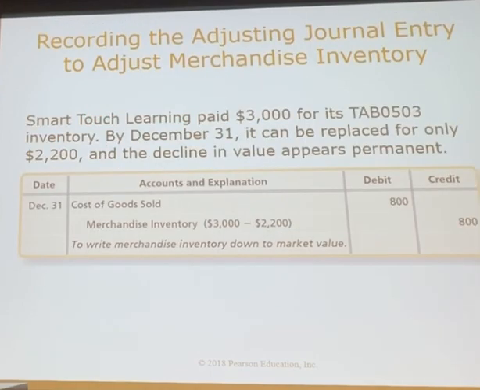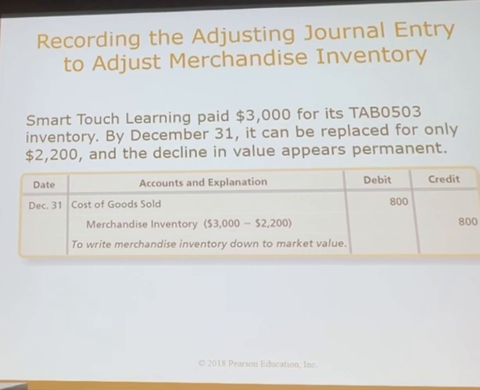So here's an example. It says Smart Touch Learning paid $3,000 for its TAB 0503 inventory. By December 31st, it can be replaced for only $2,200. And the decline in value appears permanent.